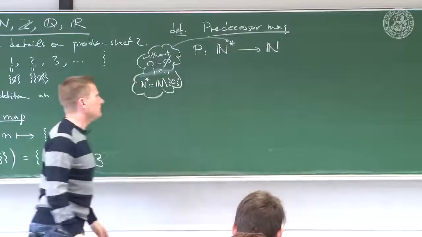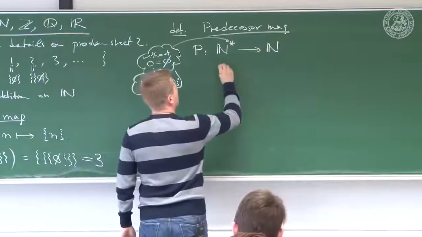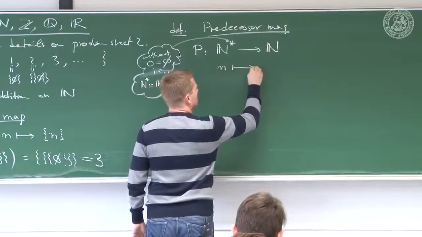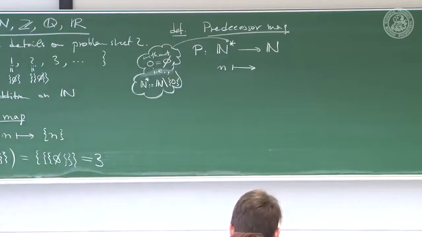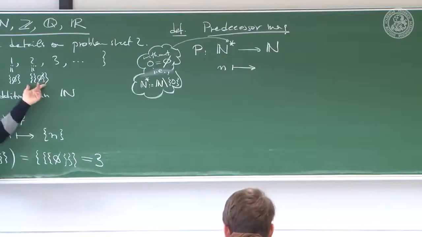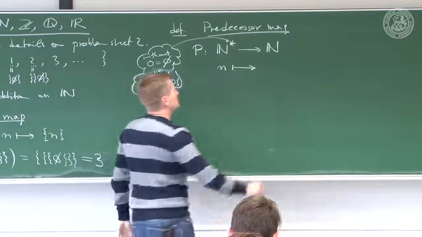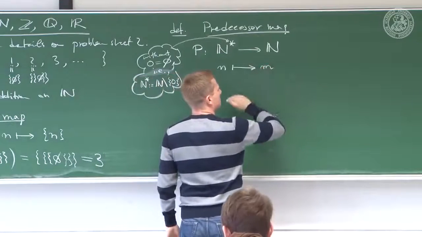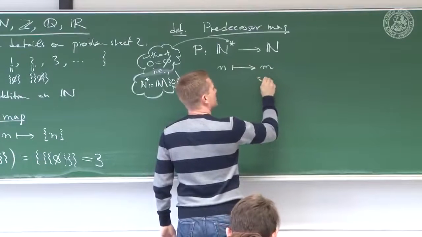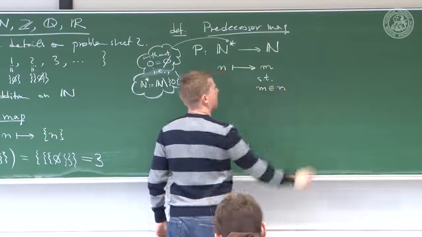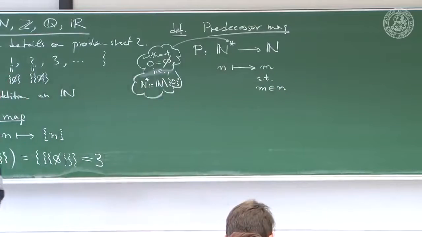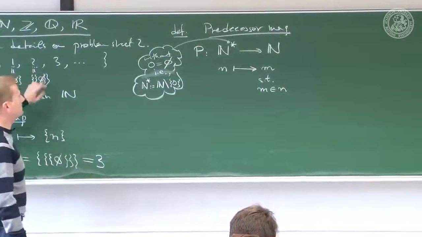It lands again in N. Now, how does this work? To any n we assign, now we need to go backwards. The question is, how do we reduce a layer of brackets? So what do I write on the right-hand side? Well, the trick is to assign to this an element m such that m is an element of n. Now, why does this work? Well, example.